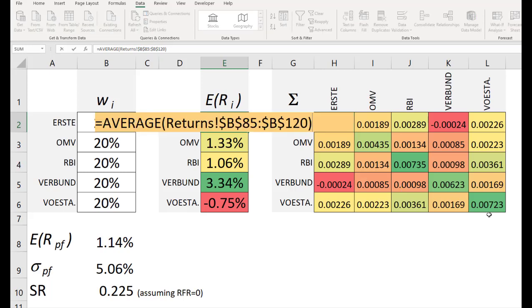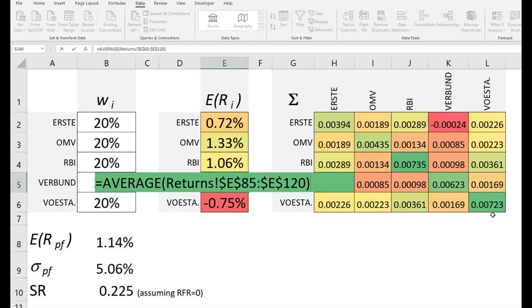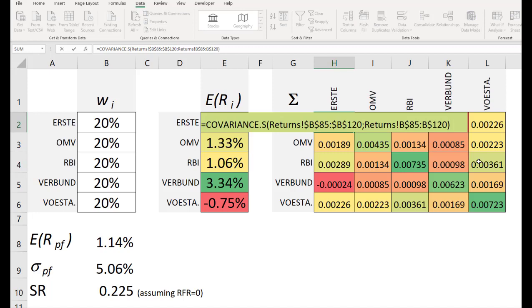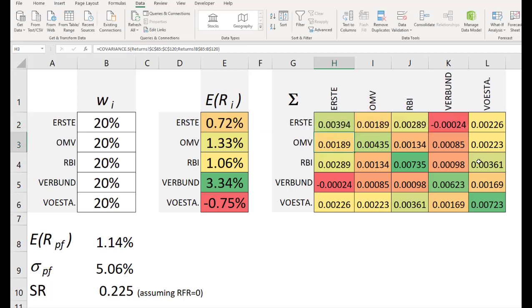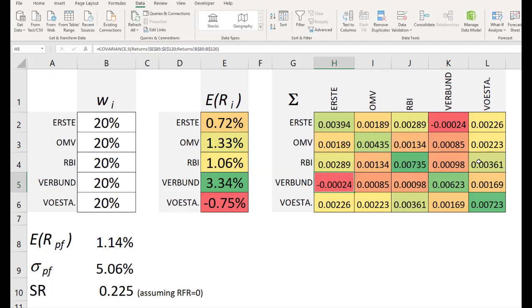Here you can see the expected return calculated on the basis of 36 monthly returns. So we're talking about monthly returns here for each of the 5 respective stocks. And this is the covariance matrix, where I calculated on the basis again of 36 observations the covariances between the different assets.